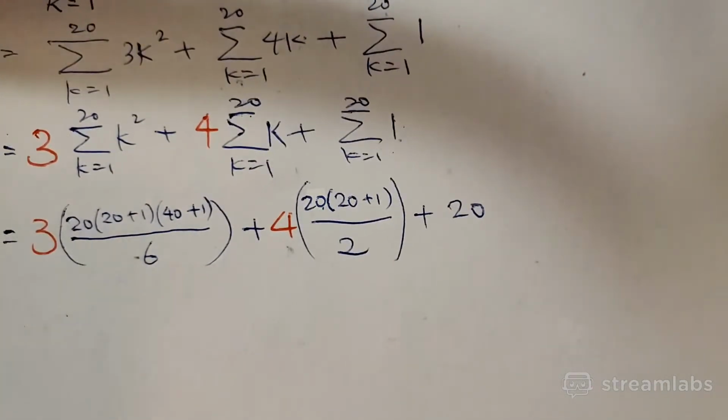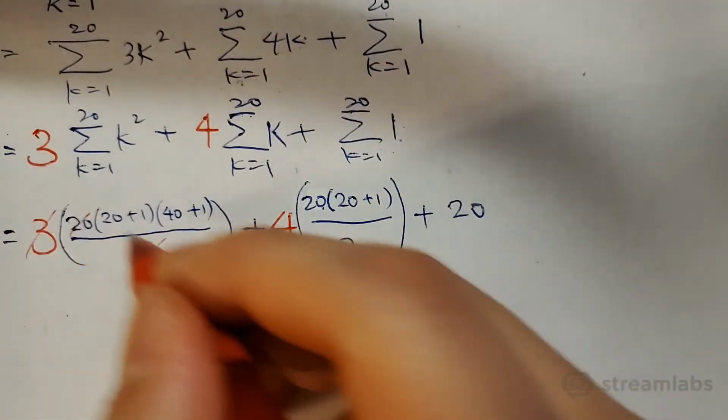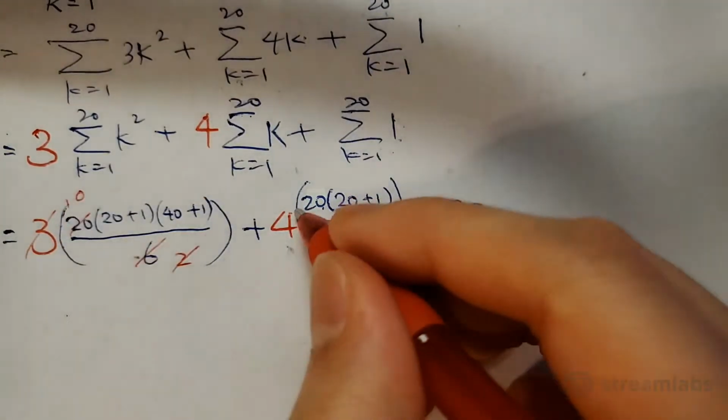All right, so time to pull out your calculator. Let me do some cancellation first because I can. 3 and 2, right? This and 10, right? This will be 2, right?